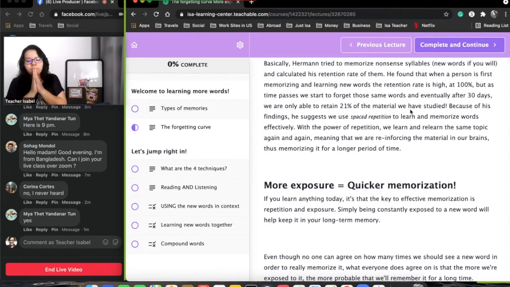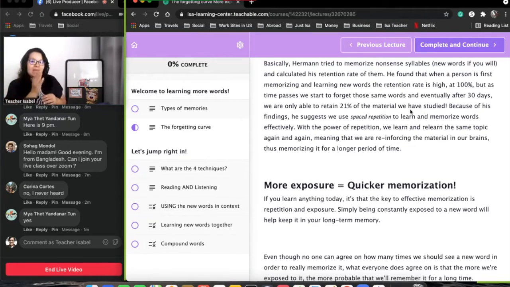So he calculated his retention rate of those new words, how well and for how long he could remember them. He found that when a person is first memorizing new words, the retention rate is high, almost 100%.